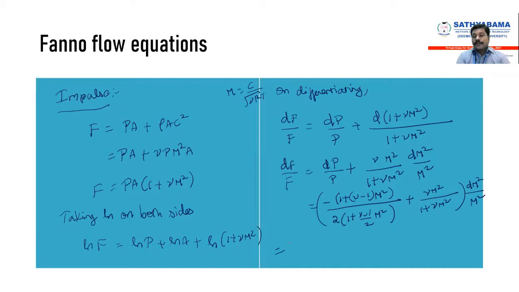So now we are going to simplify this term, right? Just cross multiply and simplify this expression. I am going to straight away multiply this term.